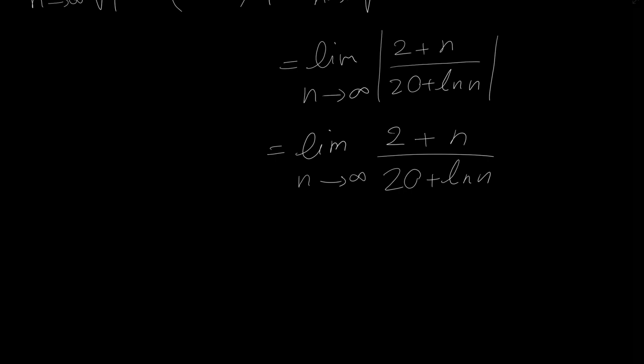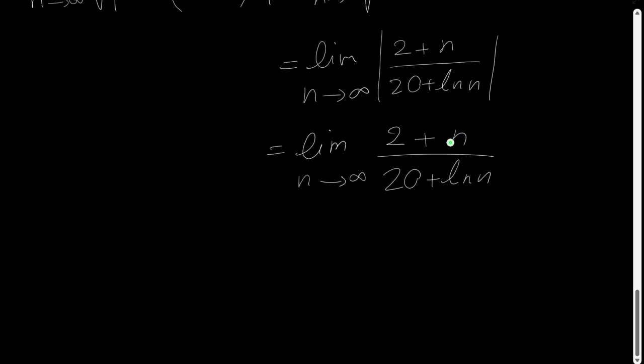So in the numerator you just care about n, and in the denominator you just care about natural log of n because it is much bigger than 20 when n approaches infinity. You know that natural log of infinity is infinity.